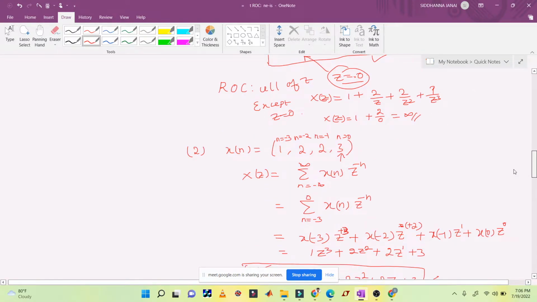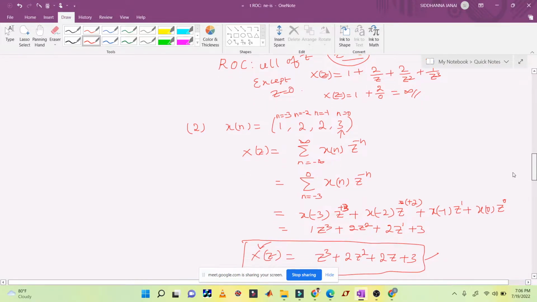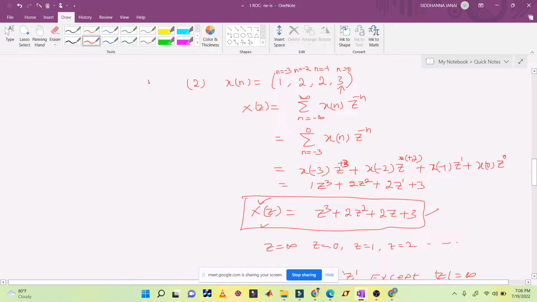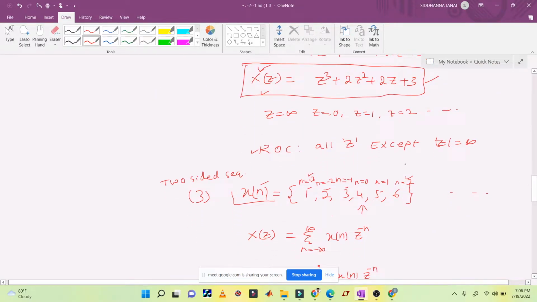We have found the Z-transform of right-sided sequence and its ROC, which will converge for all Z but not Z is equal to 0. Then left-sided sequence converges, ROC for all but not for infinity.